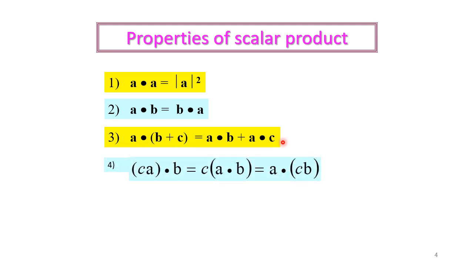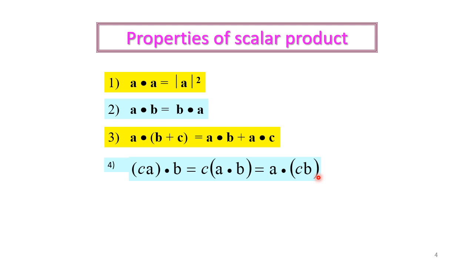Number 4, if you have a constant c in front of vector A, and we dot product with vector B, we can put the constant outside, so we dot product first between vector A and vector B. Or similarly, it is equivalent if we bring the constant next to the second vector, vector B. The value is equivalent.